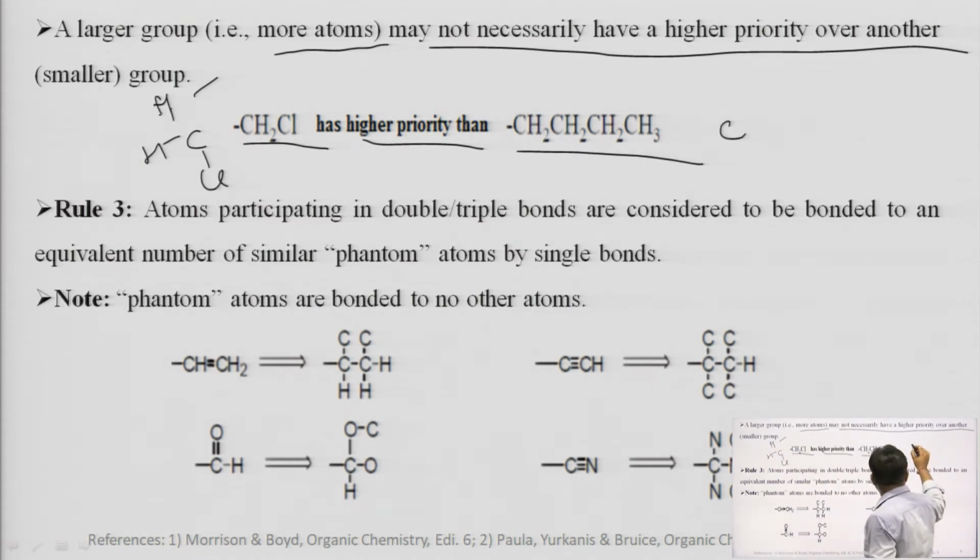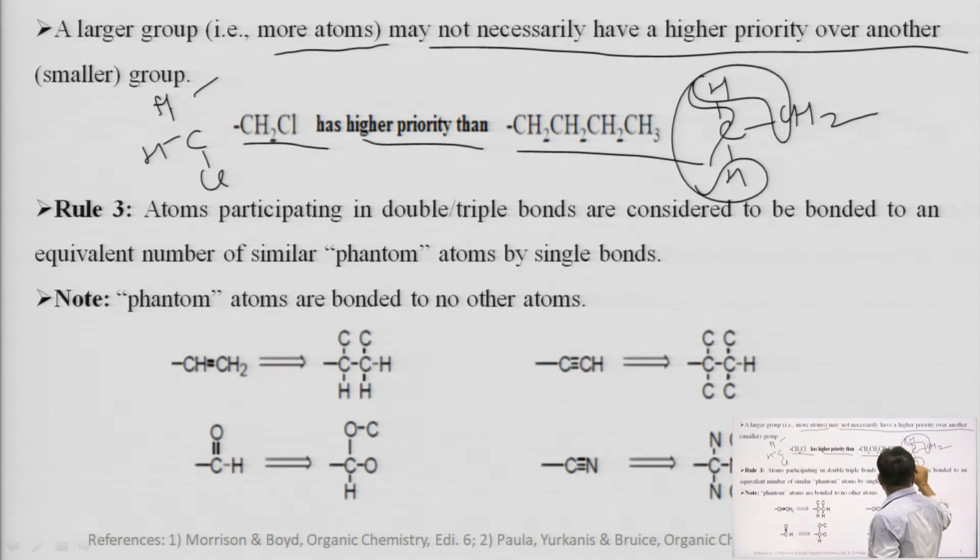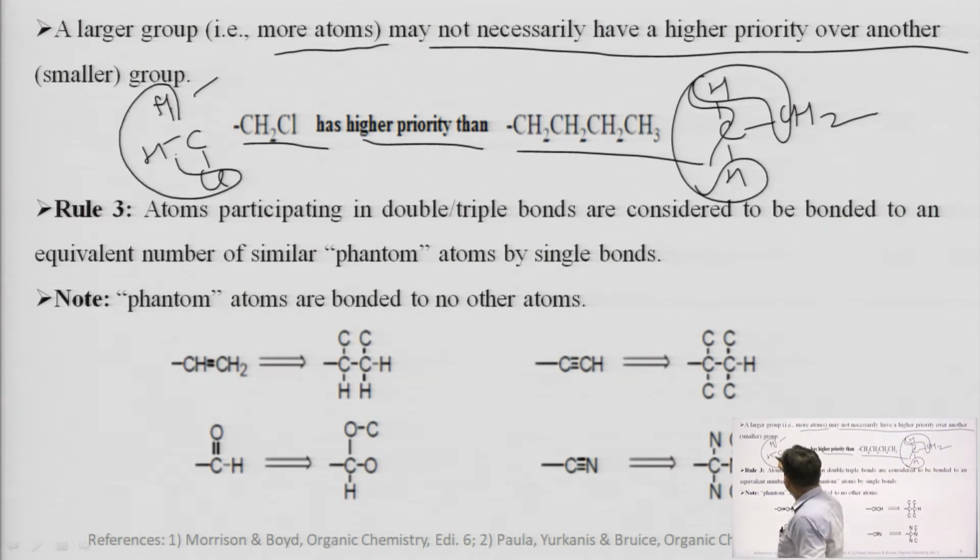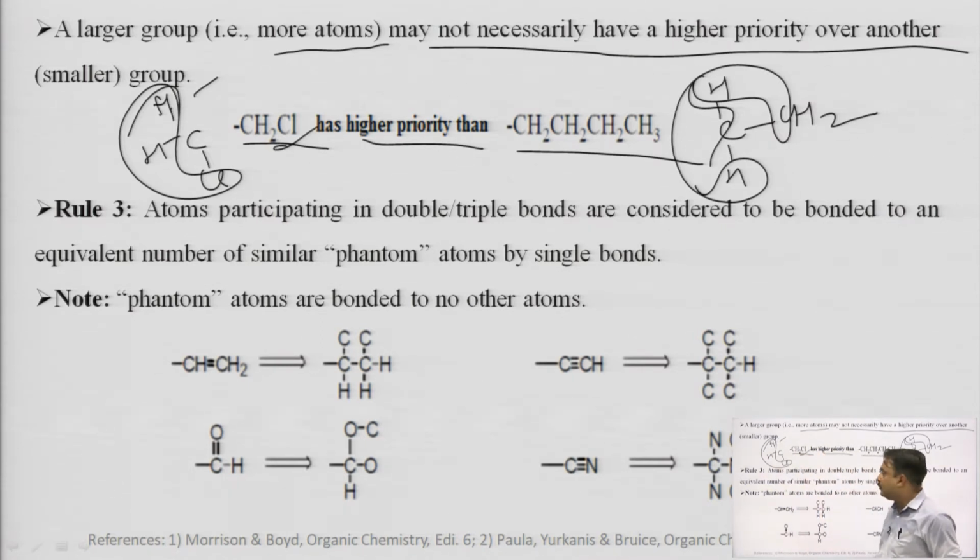Here this carbon is attached with 2 hydrogens and 1 adjacent carbon. Please take care of that. So, the sum of atomic numbers is higher in this CH2Cl group than this. Okay. So, priority will be given to this carbon.